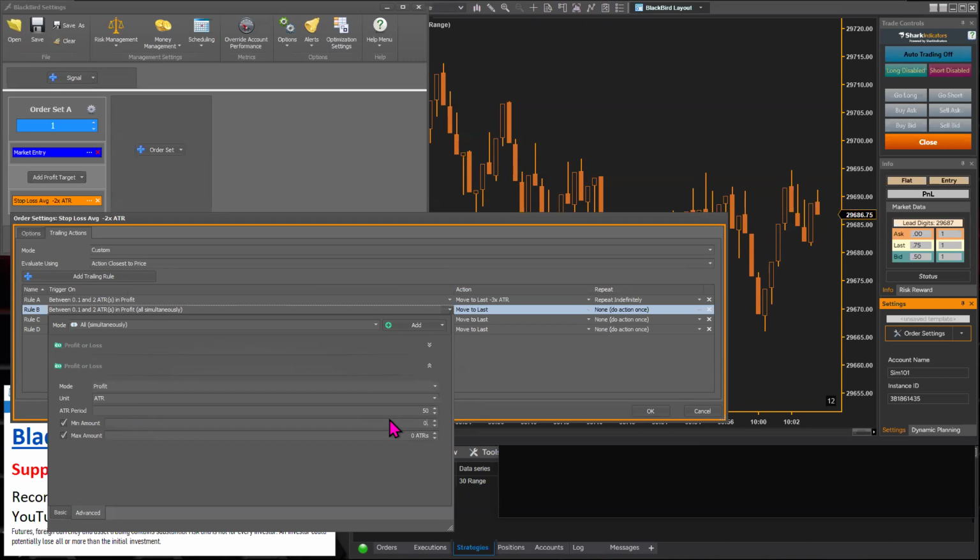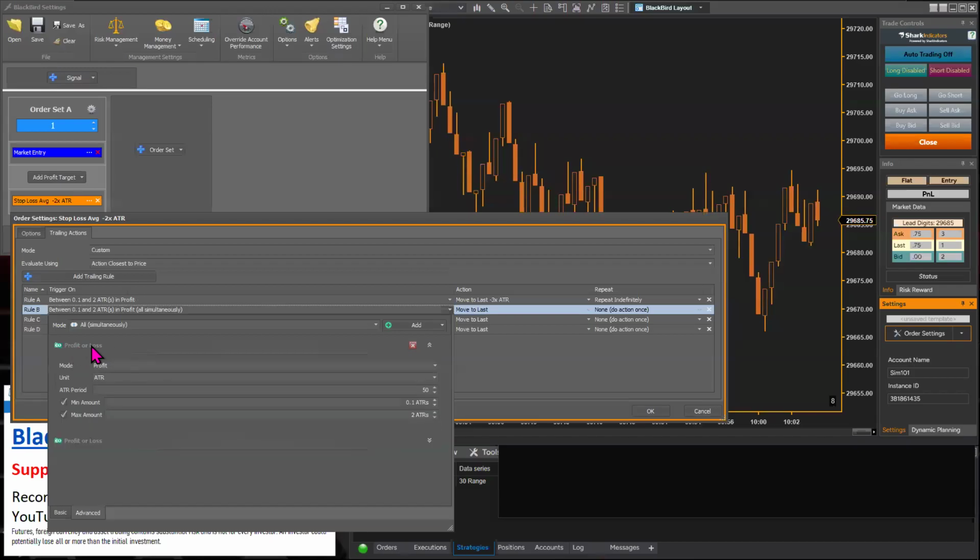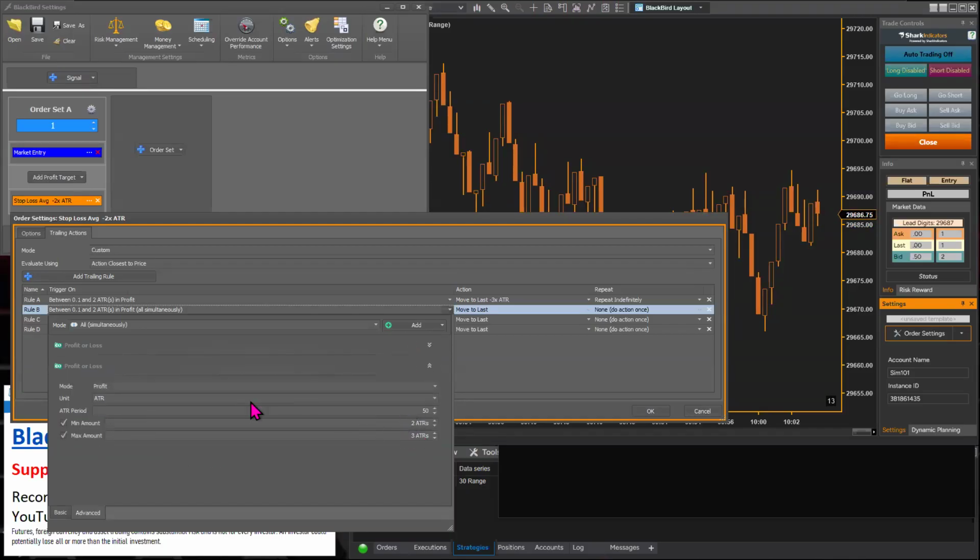All right, this time we're going from 2 to 3, like so. Now we have 2 triggers: this profit or loss up here going from 0.1 to 2, and then the second one going from 2 to 3.